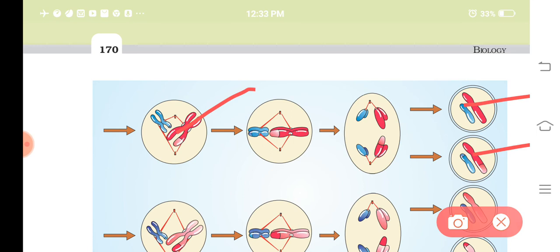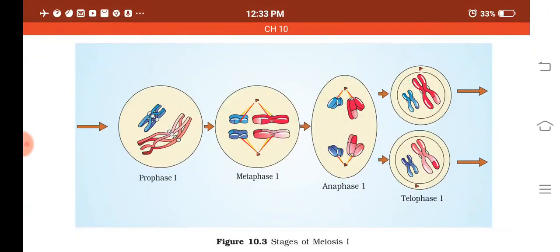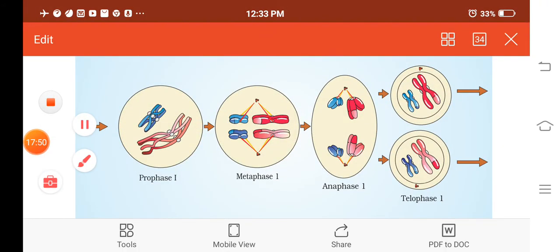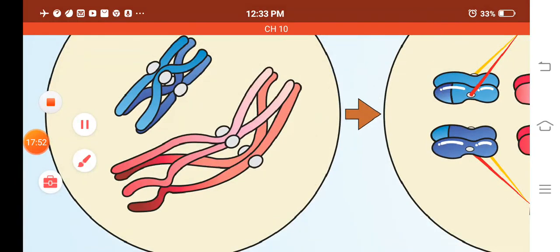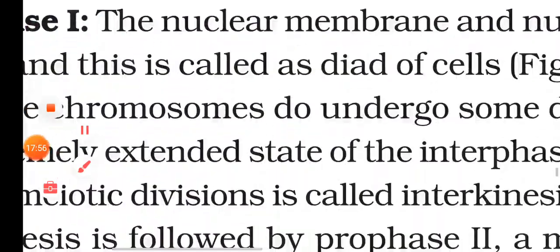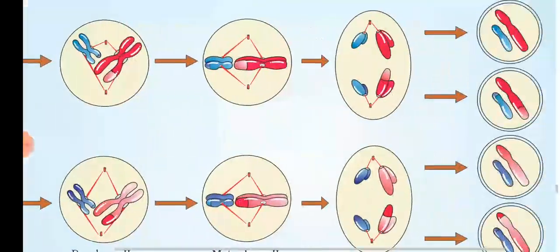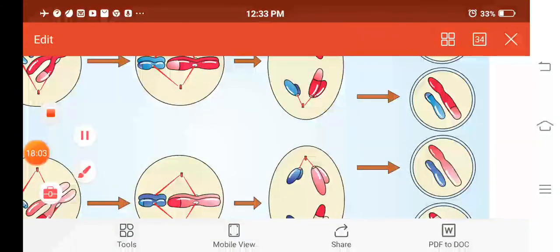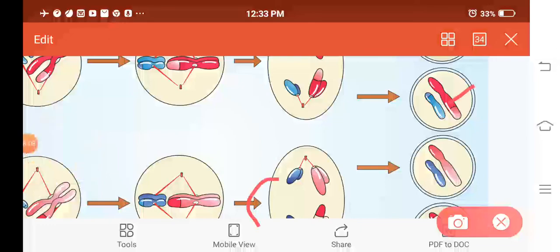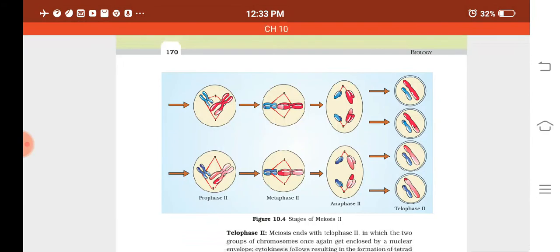So from a single parent cell, how many cells will be formed? 4 cells were formed, and each of these has only half of the chromosomes of the parental cell, understood.